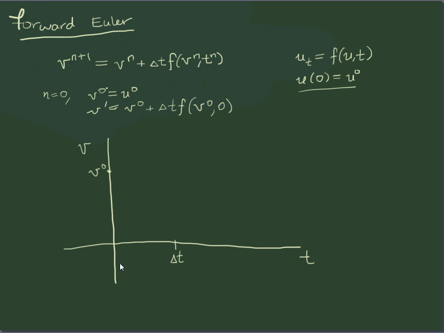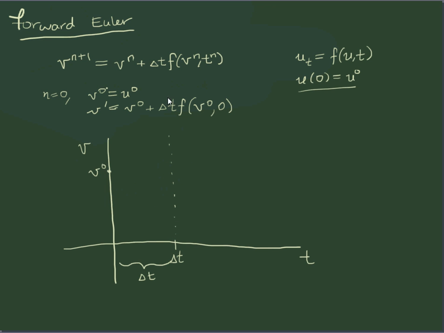Delta t, remember, is this distance here. It's the time step. So somewhere along this vertical dotted line is going to be v1. But how do we get there from v0?